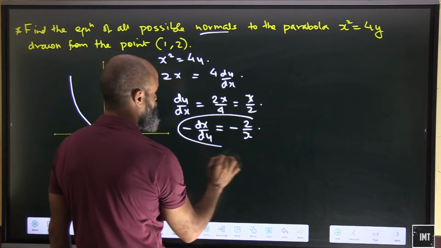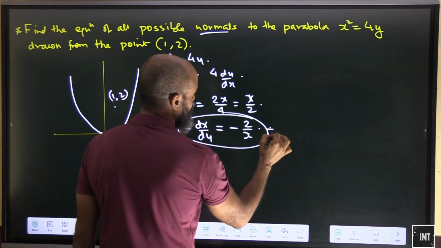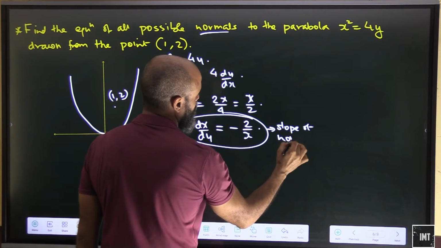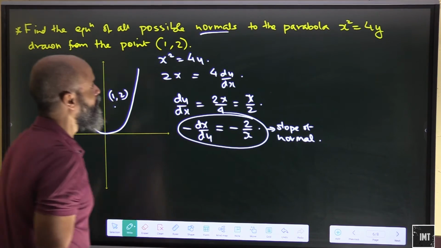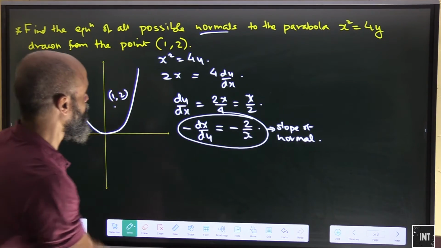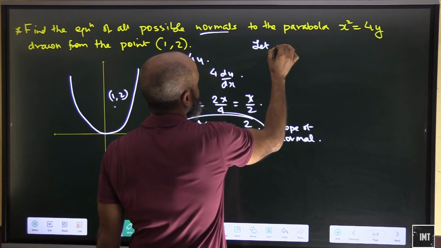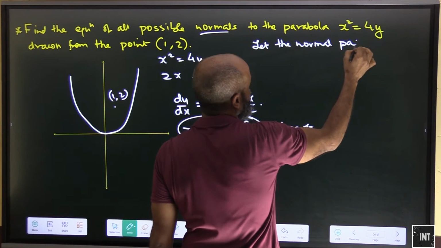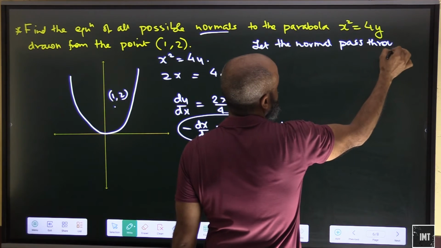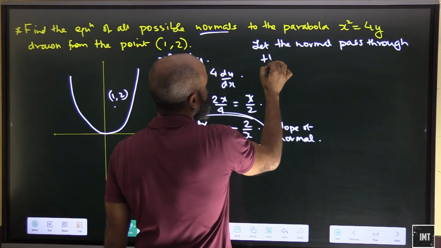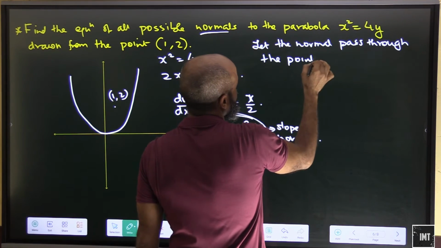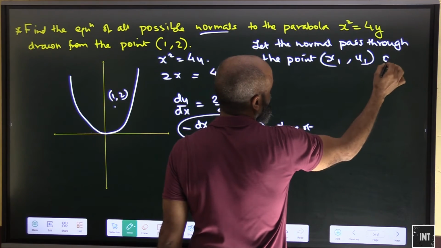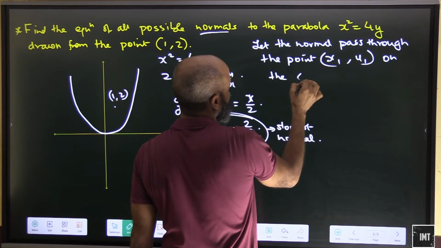So this is basically the slope of normal. Okay, now let the normal pass through the point (x1, y1) on the curve.